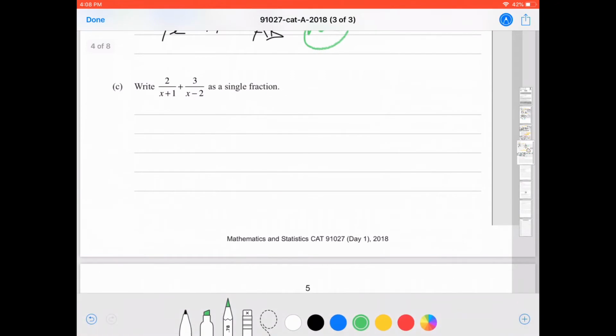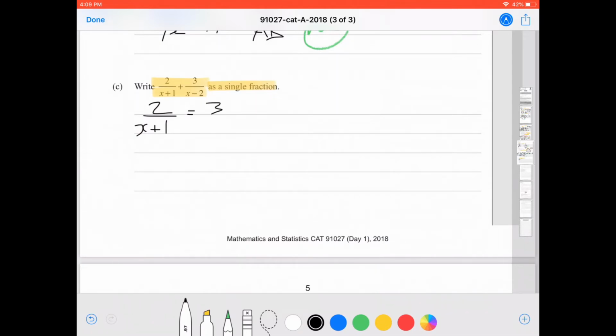Question 2C, write this expression 2 over x plus 1 plus 3 over x minus 2 as a single fraction. The first thing to do to make it easier for ourselves is just write down our expression.